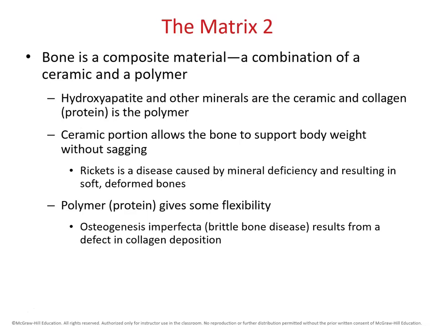So bone is a composite material, and it has two main components. The first one is the ceramic component, and the second one is the polymer component. The ceramic component, in general, is a very firm but brittle component, and the polymer is a flexible and more elastic component.